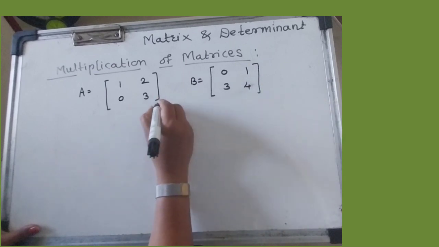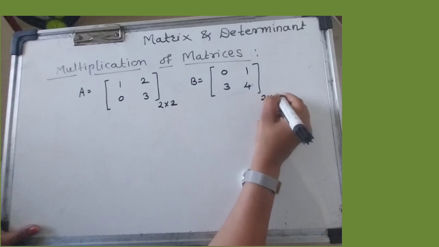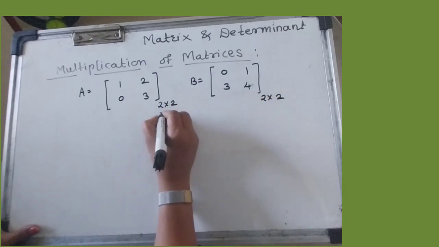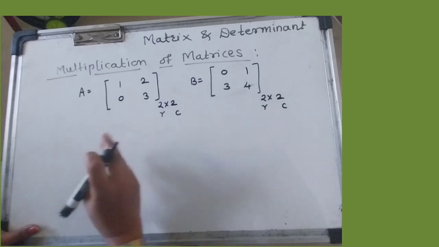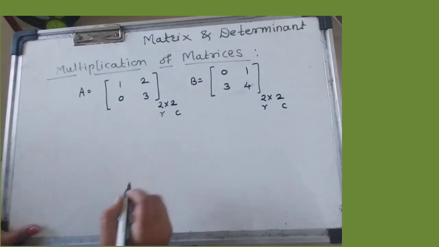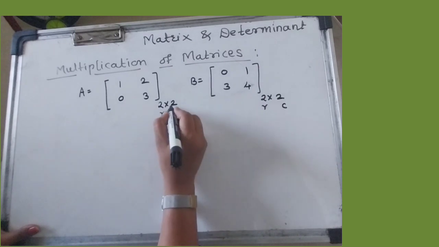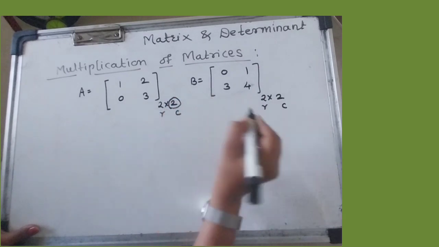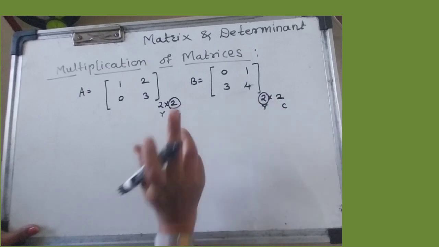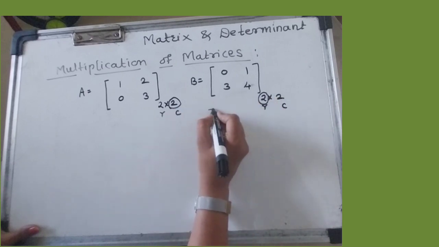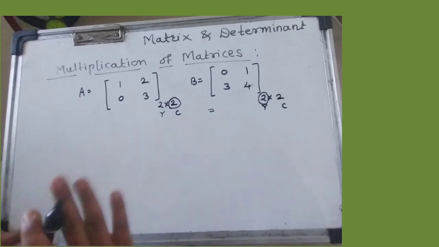What is the order of A? Order of A is 2 by 2. Order of B is 2 by 2. Here R, here C, here R, here C. What is our condition for the multiplication of two matrices? Our condition is number of columns of first matrix is equal to number of rows of second matrix. Yes, they are equal. Then only we take the product.